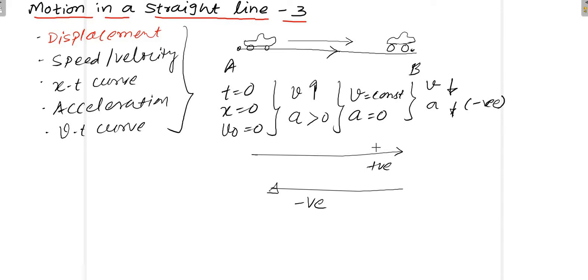Whatever velocity and acceleration is in this direction will be considered positive, and the opposite direction will be negative, right? Direction is something we assume before we study the topic. Later we'll also discuss motion in up and down directions because of gravity, which will be in a straight line but in the vertical direction, right?